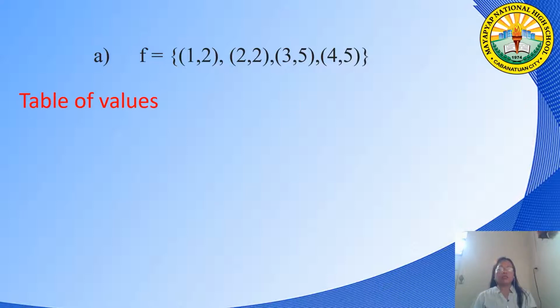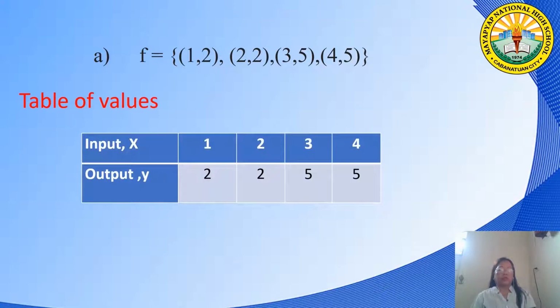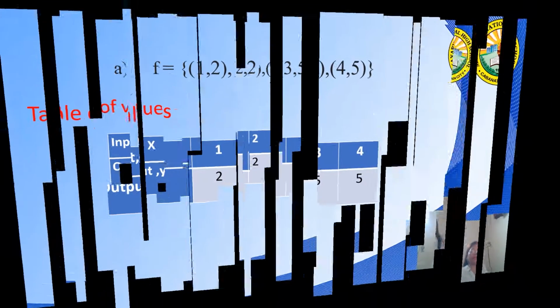The function A can be represented by the table of values below. So we have input, our x, a set of values, the first numbers 1, 2, 3, and 4. And for our output, which represents y, we have 2, 2, 5, 5.